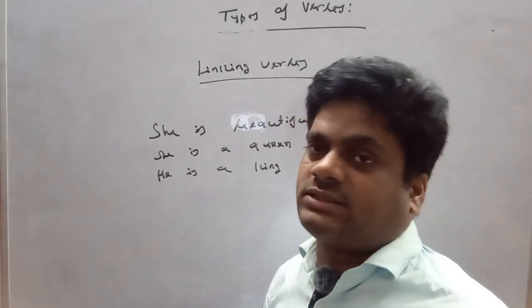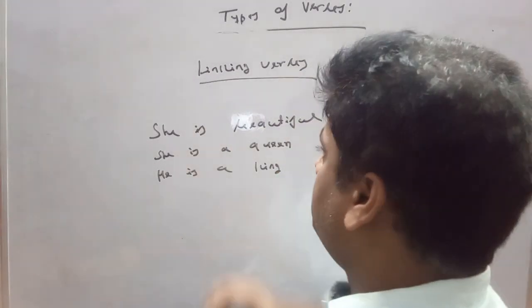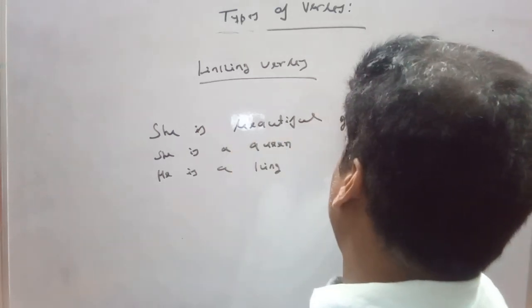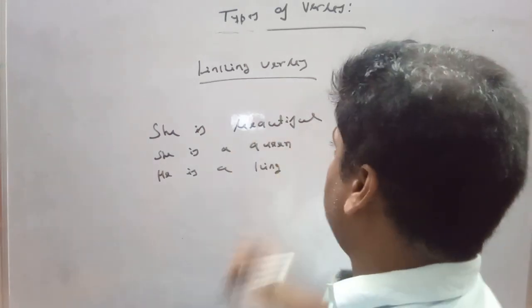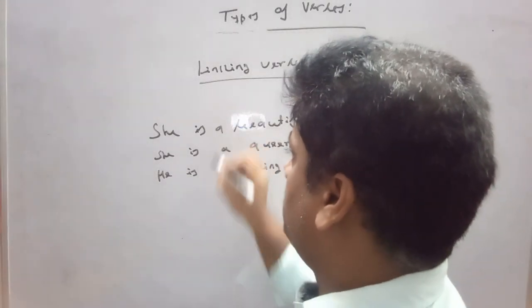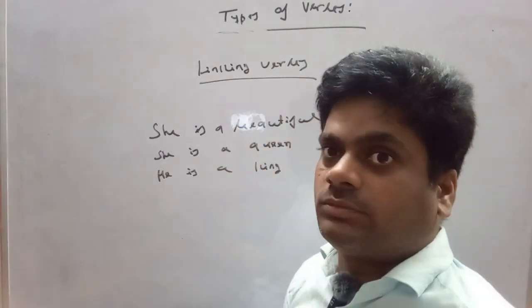If it is going to take a noun, then we can place an article. If I say, she is beautiful girl. Now we can place article a. She is a beautiful girl.